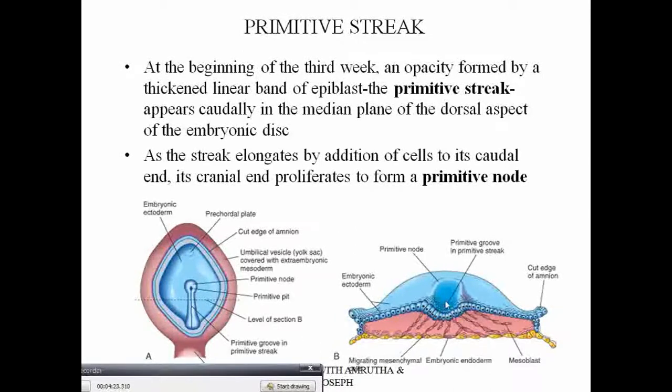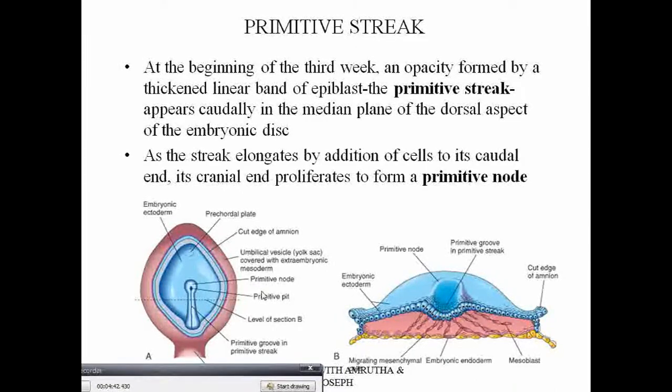This is the picture where we can see that the primitive streak is formed. Initially the primitive streak is elevated, then slowly it will have a primitive groove. The groove appears here, and the primitive node can be seen here.